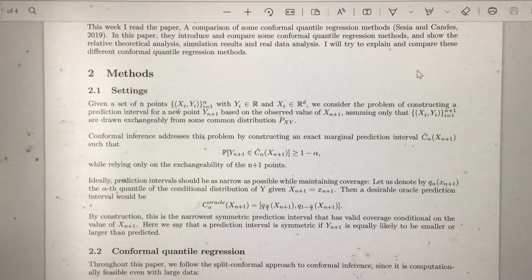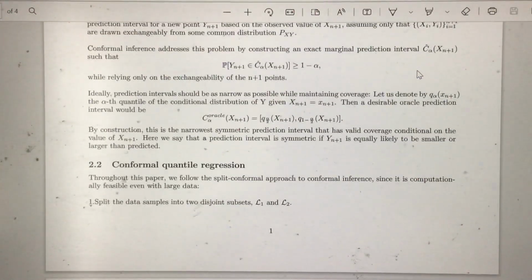If we understand this, we can go on to talk about what conformal quantile regression is. Throughout this paper, they follow the split conformal approach to conformal inference, since it is computationally feasible even with large data. That means it will use the split conformal method to do conformal quantile regression.